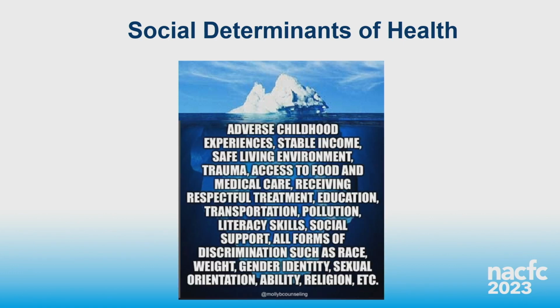Here's a truncated list: adverse childhood experiences, stable income, safe living environment, trauma, access to food and medical care, and receiving respectful treatment, education, transportation, pollution, literacy skills, social support, and all forms of discrimination such as weight, race, gender identity, sexual orientation, ability, religion, and so forth.